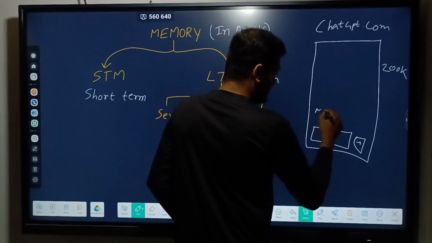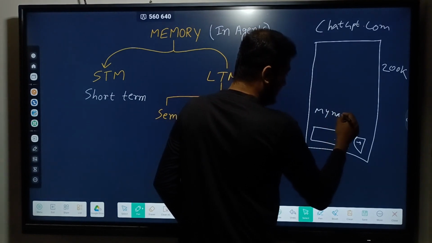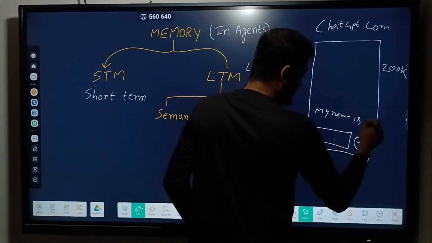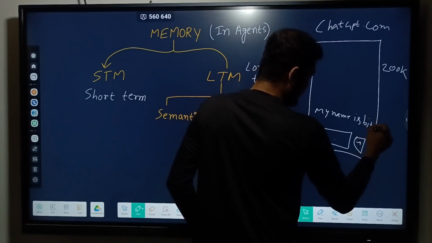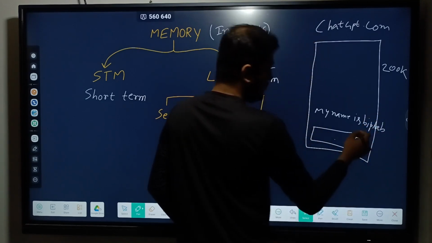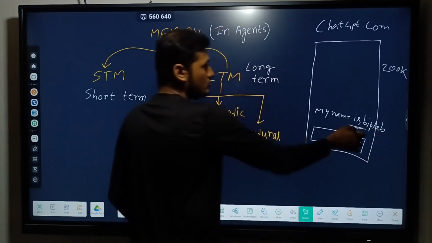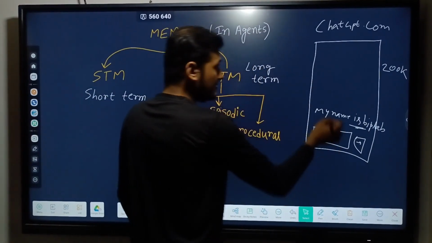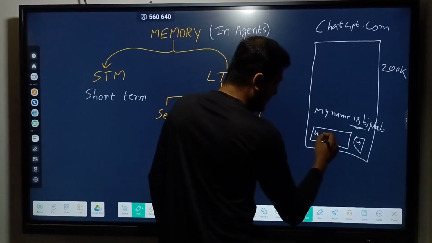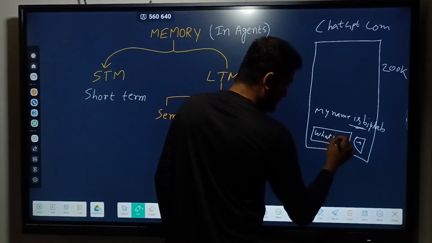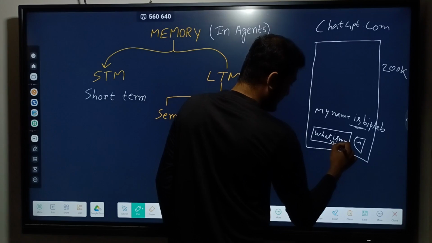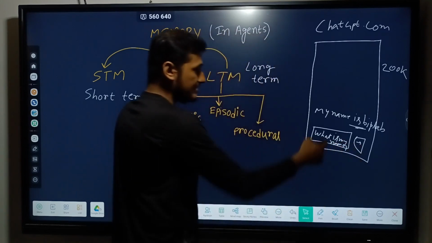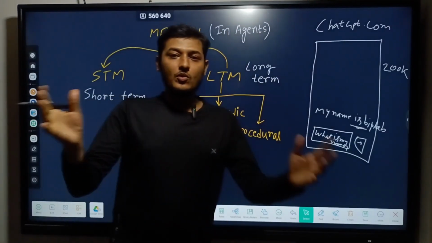Now you have sent one message that my name is Biplab. Next time you ask ChatGPT, what is my name, then it says that I don't know what your name is.